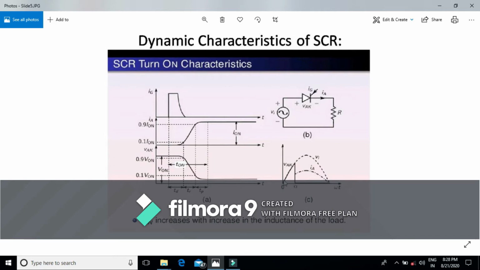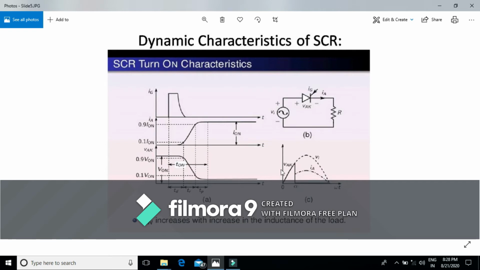This is this bold line, that means up to this alpha, this SCR is not triggered, is not turned on, or we can say the gate to cathode voltage is not enough to trigger it on until this Vi, basically a sinusoidal wave, reaches, that means Vm sine omega t reaches Vm sine alpha.